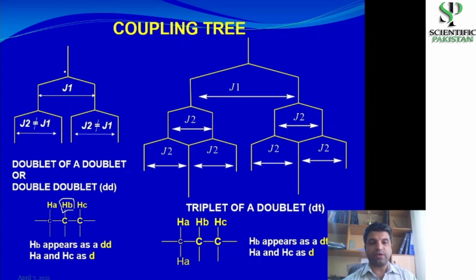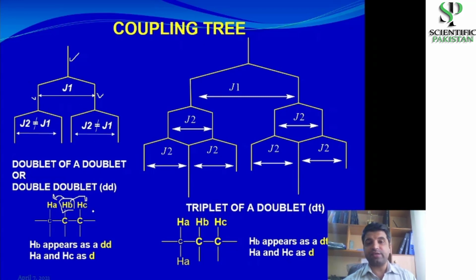So first we have HB. We start off with a single line, and it is split because of HA first. And let's say the magnitude of splitting is shown by J1. Now it also splits because of HC, or it couples with HC as well. So we have these 2 lines, and each of these 2 lines will be split into 2 because of HC.